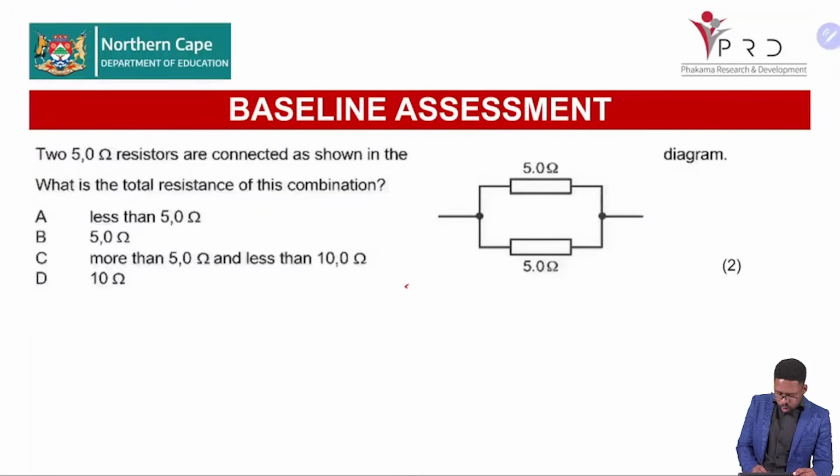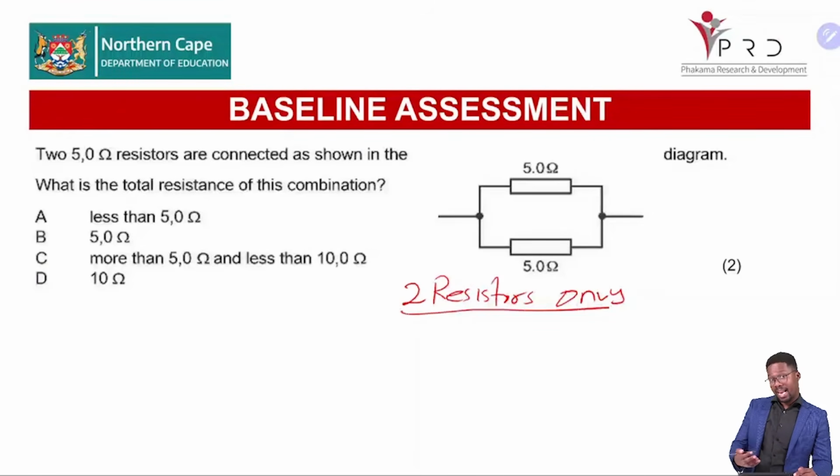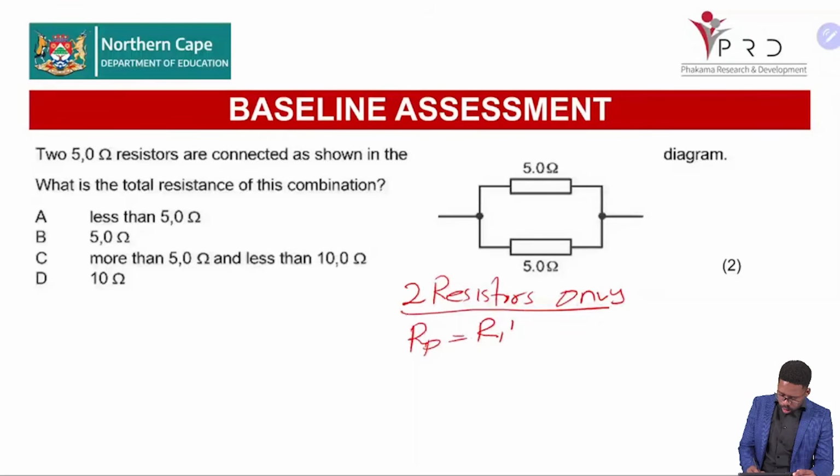If we are having two resistors only that are connected in parallel, then you are allowed to use this formula. Rp is equal to R1 R2 divided by R1 plus R2.